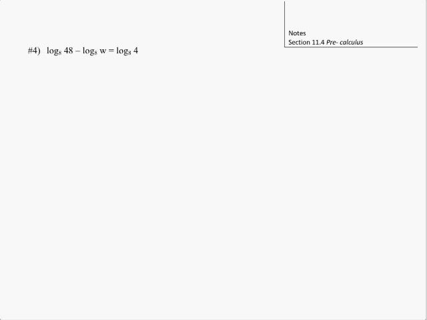You're saying, would this here cancel out? Oh, I see. No, because the arguments are different. If these arguments were both 48, perhaps. Log base 8 of 48 over w equals log base 8 of 4. What property says that we can do that, sir? Quotient property.